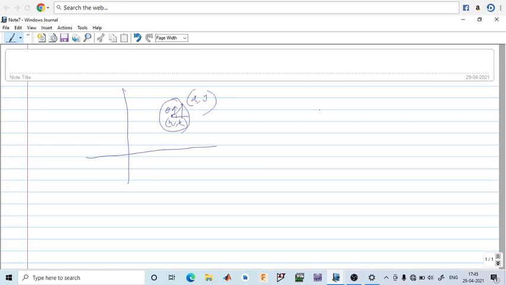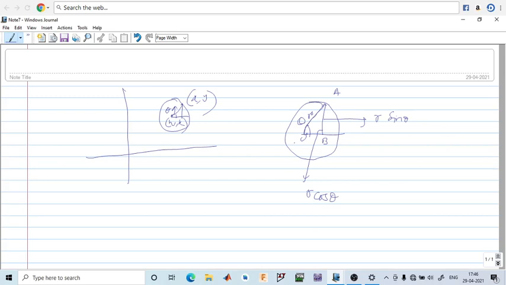If I make a zoomed view of that circle, then what you are going to get is a right angle triangle O A B, where this angle is theta, and the radius OA is r. Then this will be r sin theta, and this OB will be r cos theta, from right angle triangle ABO, we can say.